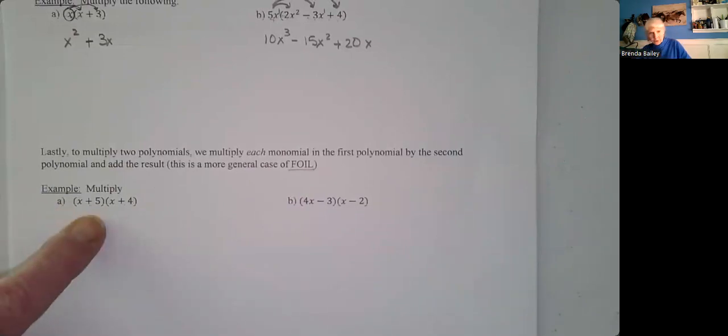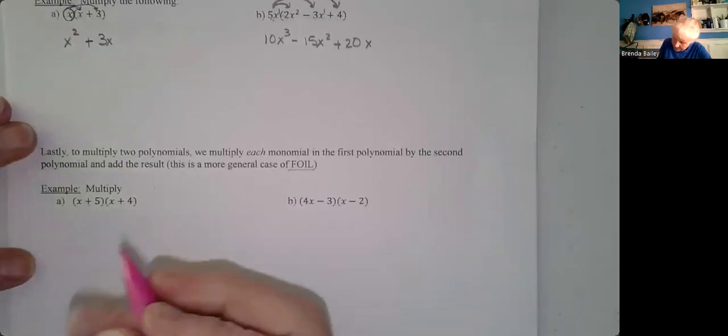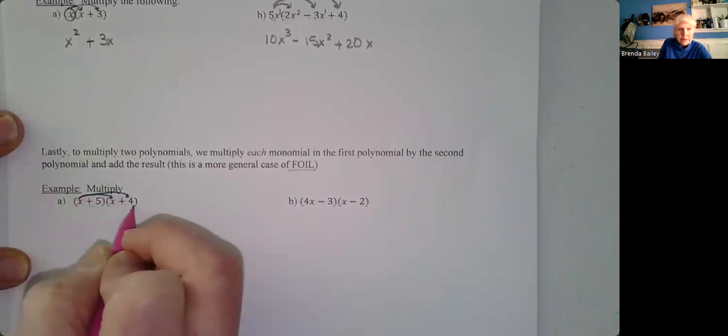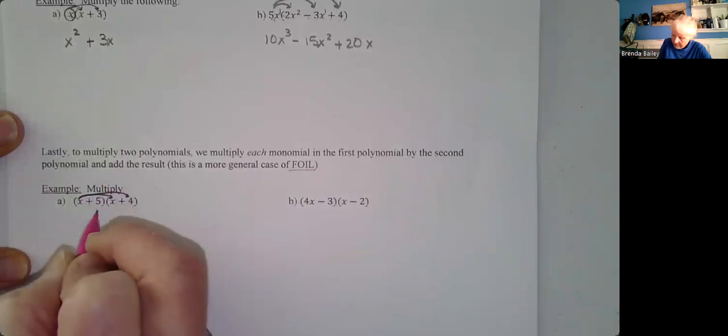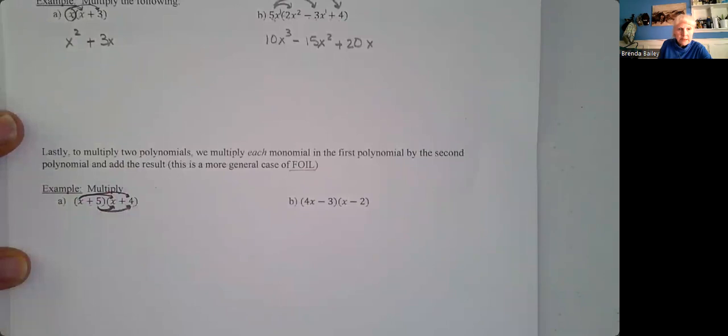So let's look at this first one. I'll go ahead and use the distributive property because people like that, and then we'll look at the FOIL. What you would do is take x times everything in the following parentheses. Then you take 5 times both of them in the following parentheses, and then you combine like terms.